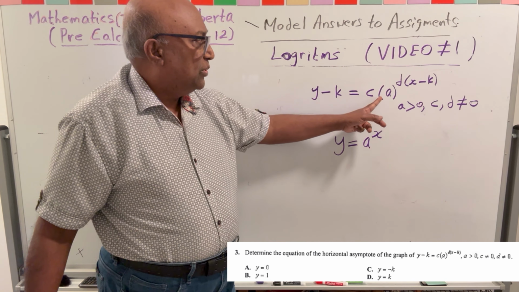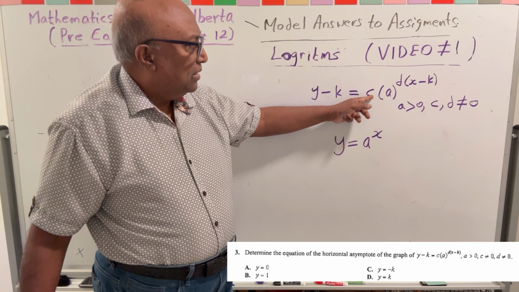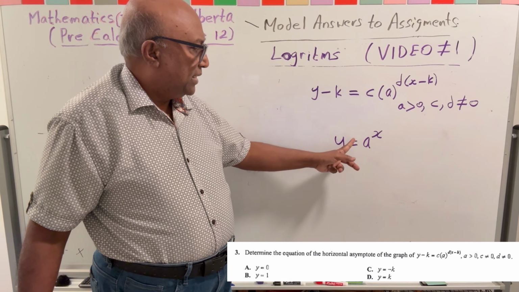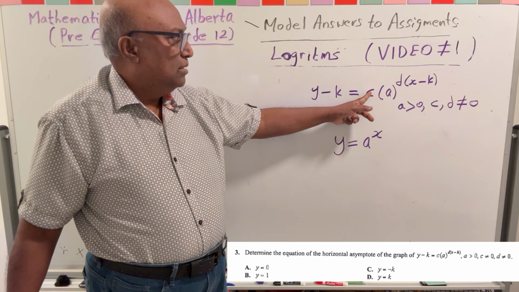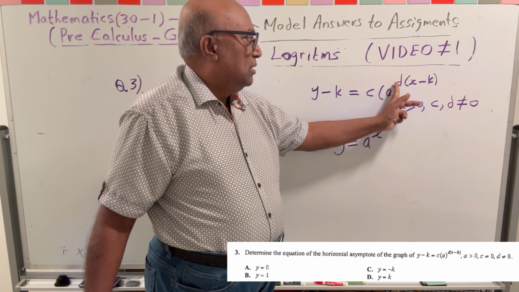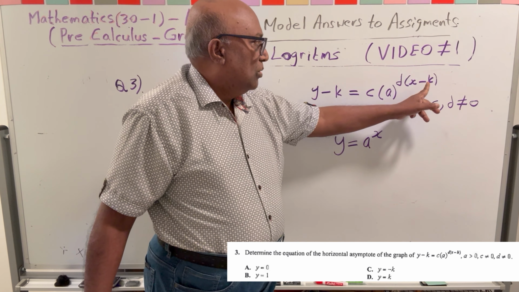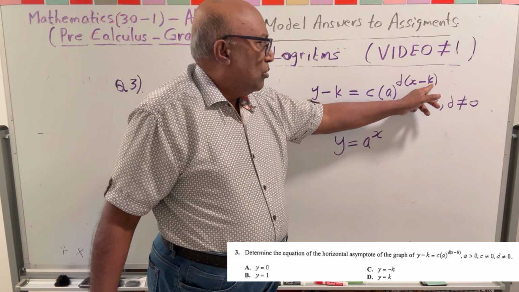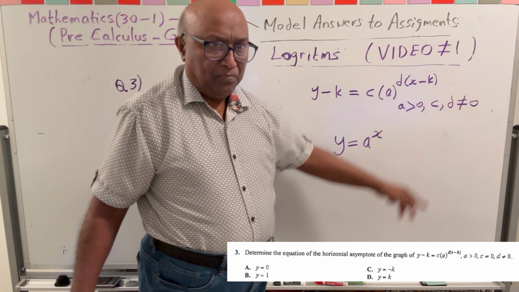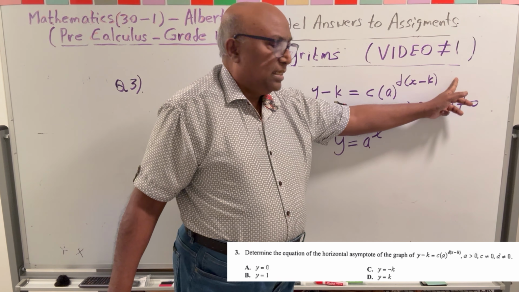What kind of transformation is applied here? There is a C symbol, that means there should be a vertical stretch. There is a D in front of the x term, so a horizontal stretch is applied. Also, a horizontal translation applies. There is a k here. When you move this to the right side, there is a k here.